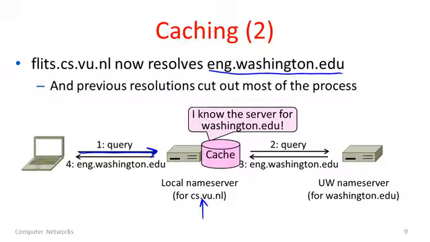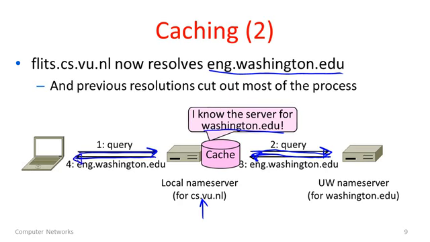So the local name server can shortcut this process because it already knows the name server for washington.edu. Therefore, assuming this information is still valid in the cache, so it's been looked up within the recent hours or a day or something, the local name server can send the query to the UW name server for washington.edu, and in this case, eng.washington.edu was in that zone, so it can be answered by that name server, who will return the IP address to the local name server, who can then convey it.